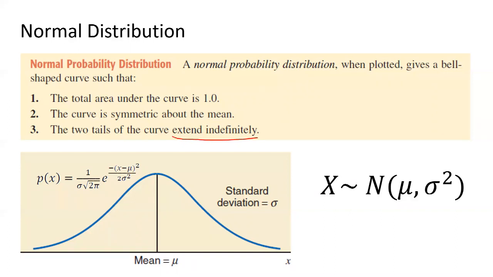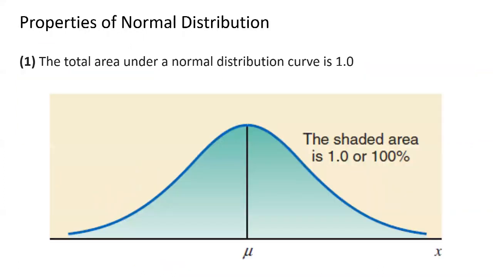These are the three important properties of the probability density function for a normal distribution. Okay, any questions? Okay, let's go over them one by one.